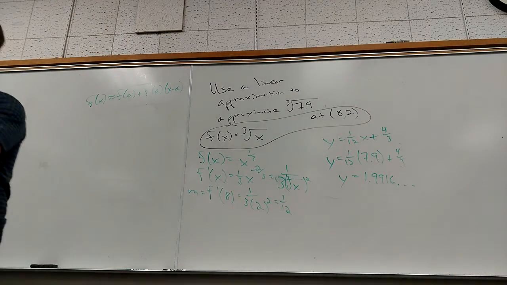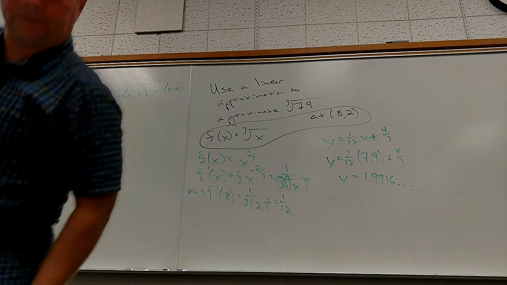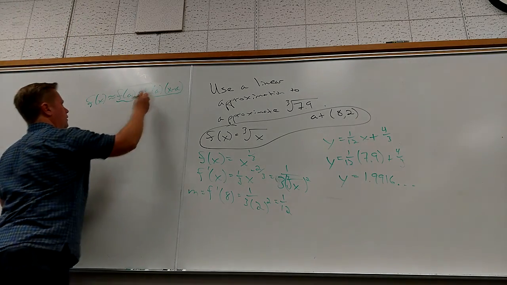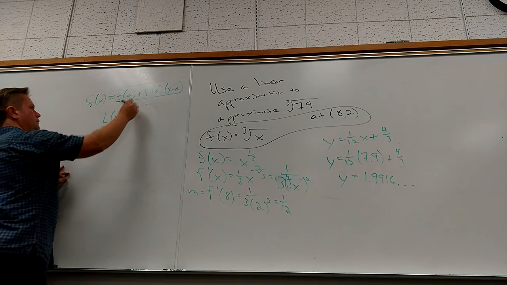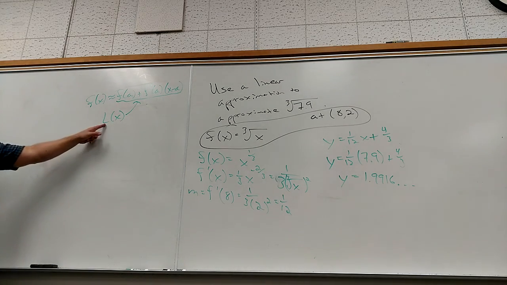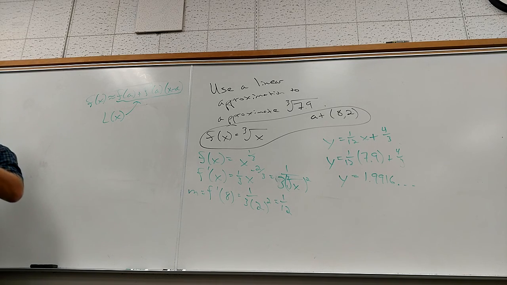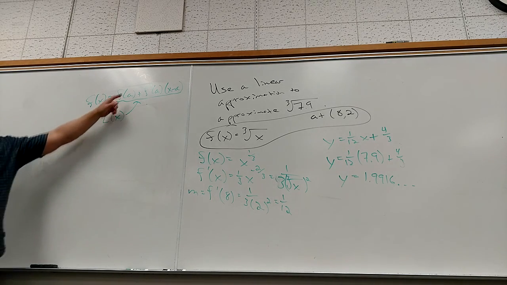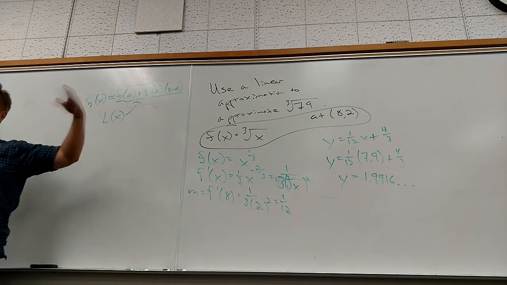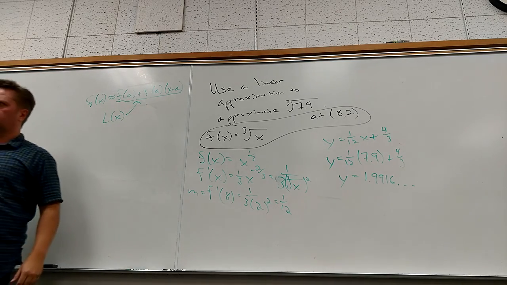That's the one we just developed ourselves. I think they call this L of x for a linear approximation of x. So if you see those symbols, it's really kind of silly. This is just the tangent line. And we know how to get the tangent line.